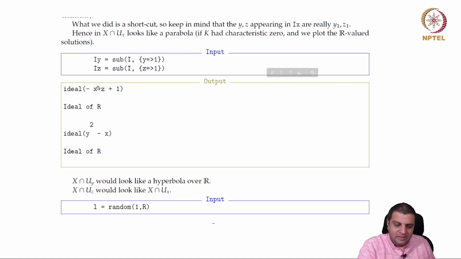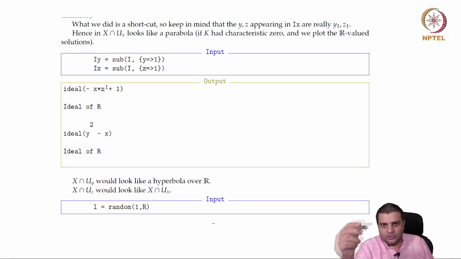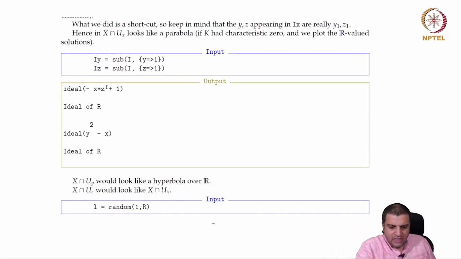Again, remember that this x and z are not the x and z of R. This is really the ratios of x and z to y, x over y, z over y. It looks like a hyperbola, and the role of z should be the same as x, because x and z are interchangeable the way it is described. So this looks like Uy.